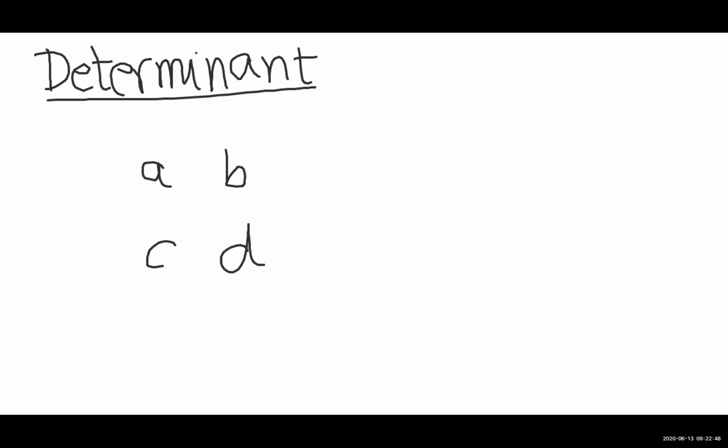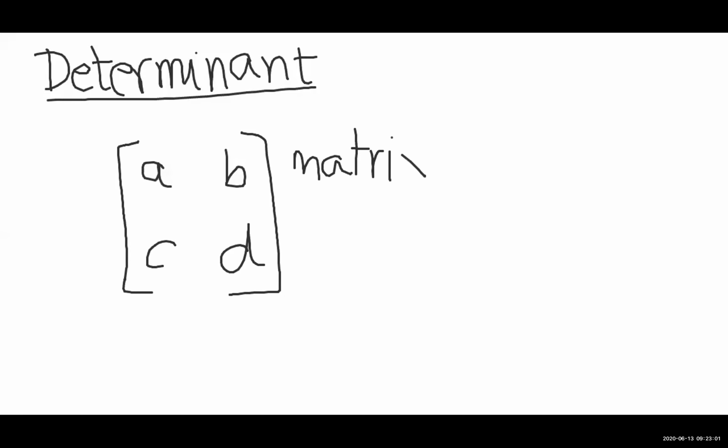If I decide to enclose this structure using square brackets, then this thing is called a matrix. There are mathematical operations that can be done with matrices. Matrix is singular, matrices is plural. So there are mathematical operations that can be done with matrices, but an individual matrix is basically it.